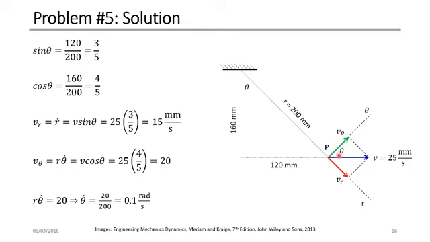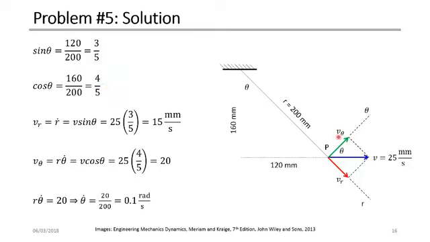By simple calculations, we find that this angle theta is the same as this angle theta. The velocity is given as 25 millimeters per second. Based on the triangle, sine theta is 120 divided by 200, and cosine theta is 160 divided by 200.